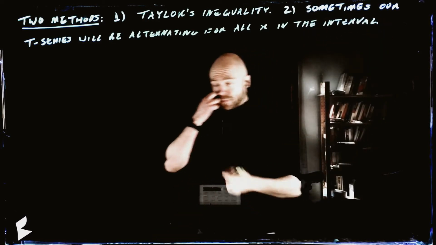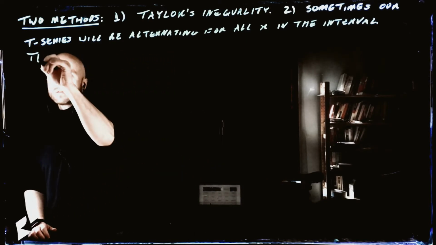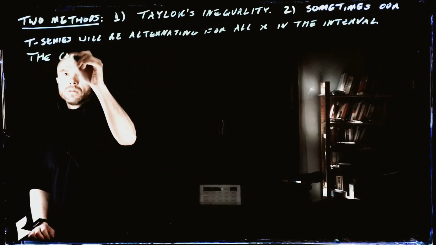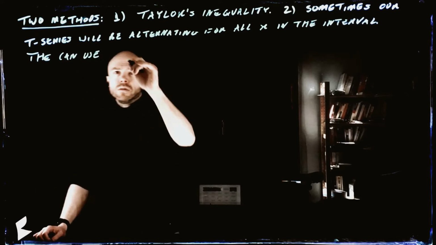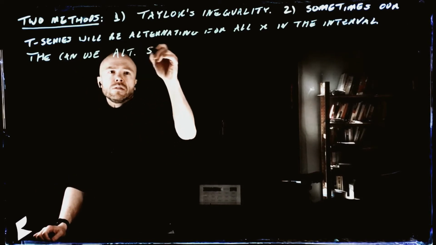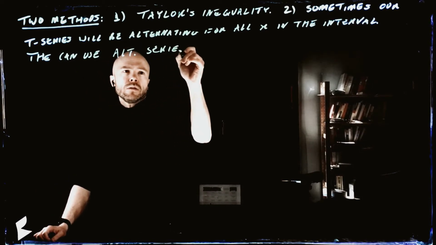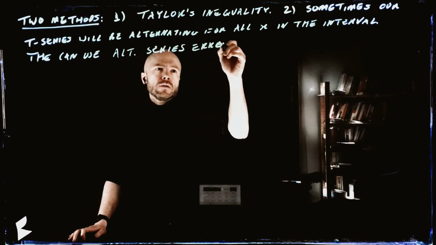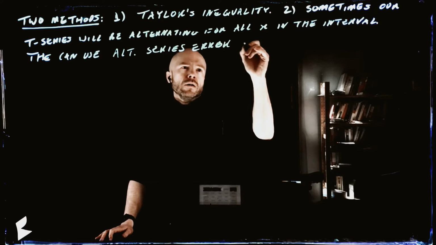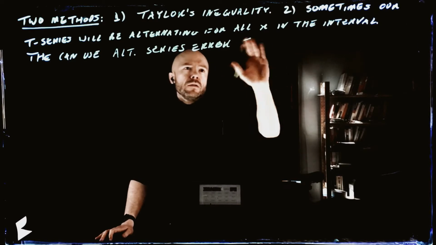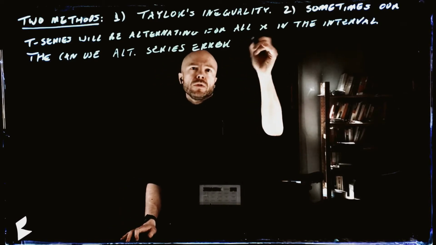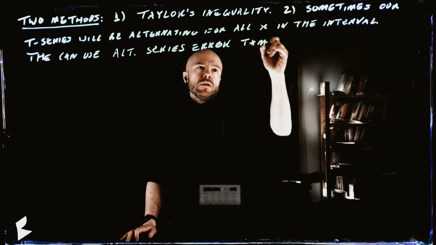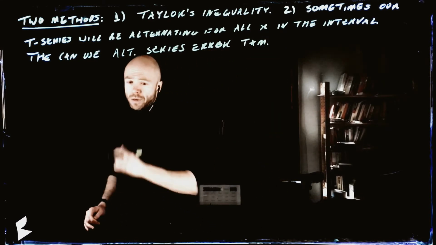And in that case, we can use the alternating series error approximation, or error theorem, which is an easier theorem. Okay, so we're going to do an example of both.